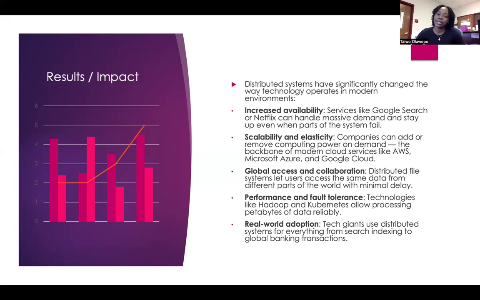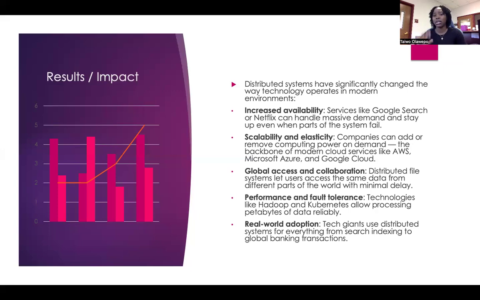Also, with scalability and elasticity, companies can add or remove computing power on demand. With global access and collaboration, you can now access the same file from different parts of the world with minimal delay. It's very helpful. Then there are performance and fault tolerance, and lastly, real-world adoption.